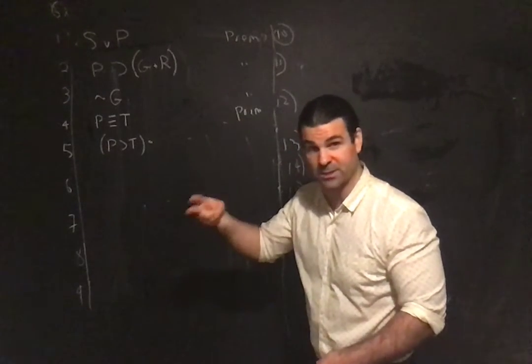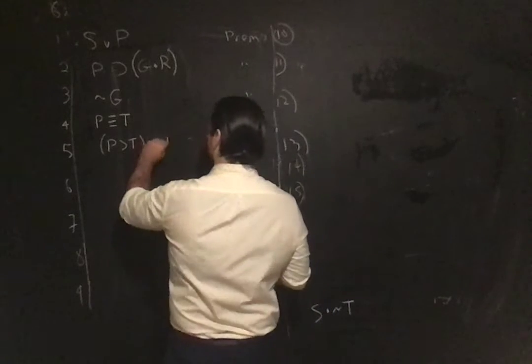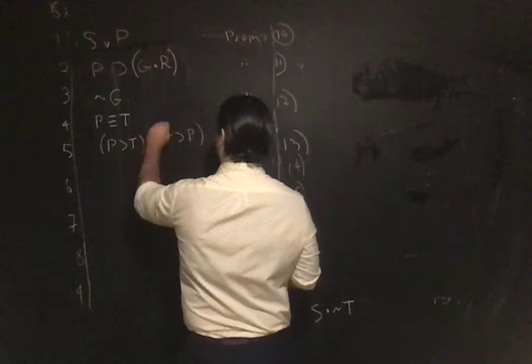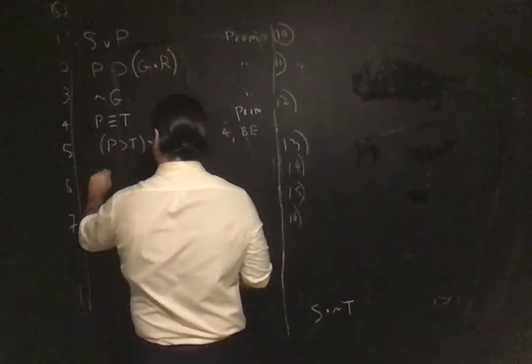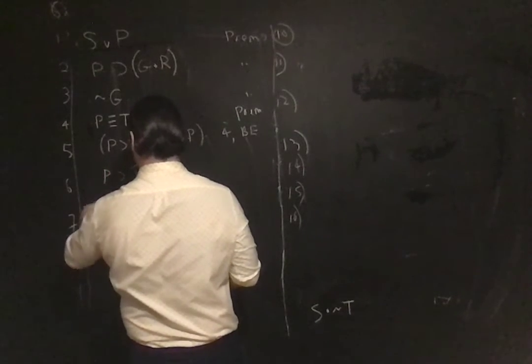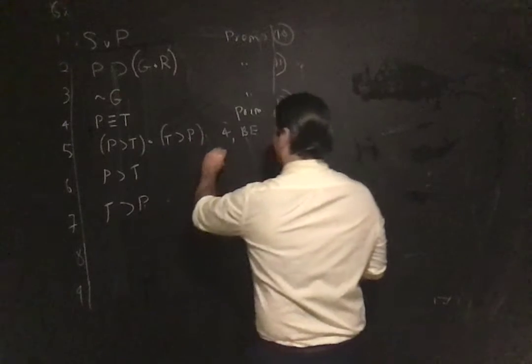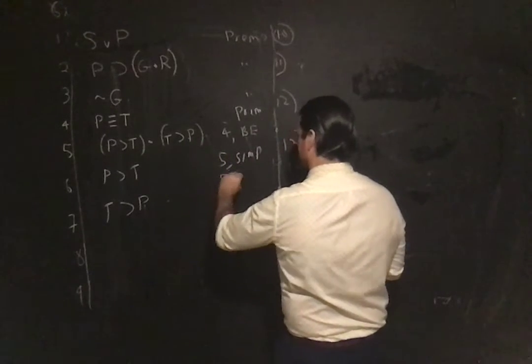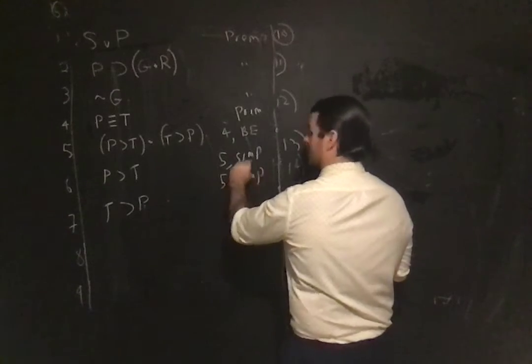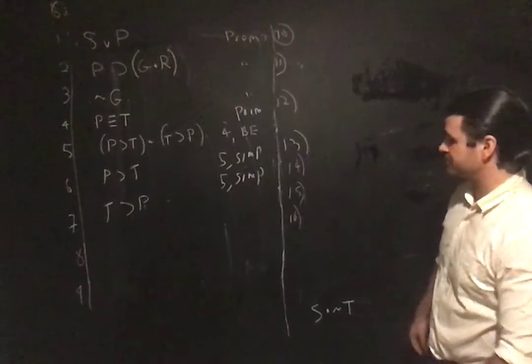The biconditional exchange and then the 2 simplifications, right? T, hook, P, 4, B, E, P, hook, T, T, hook, P, 5, simp, 5, simp, right? So I've got 2 more conditionals to play with now.